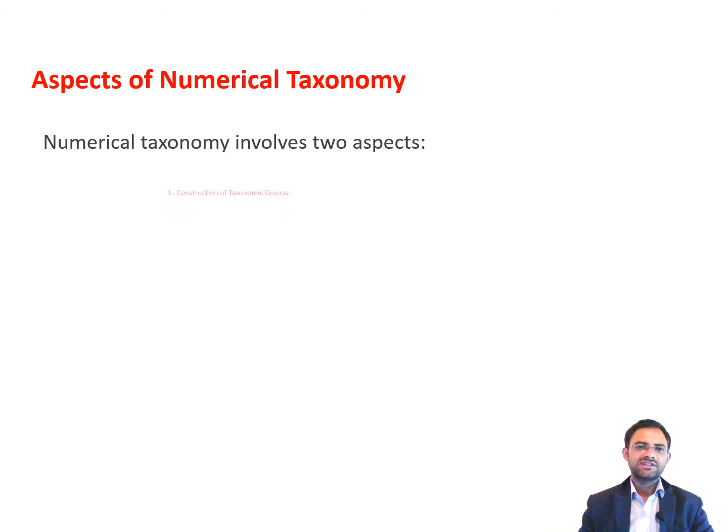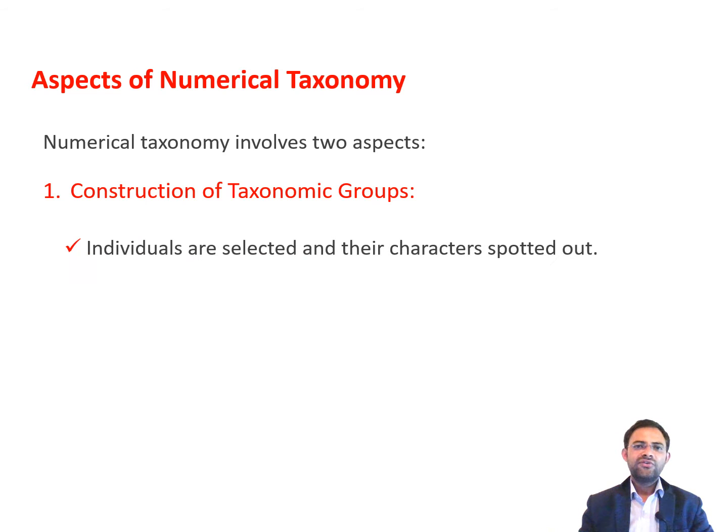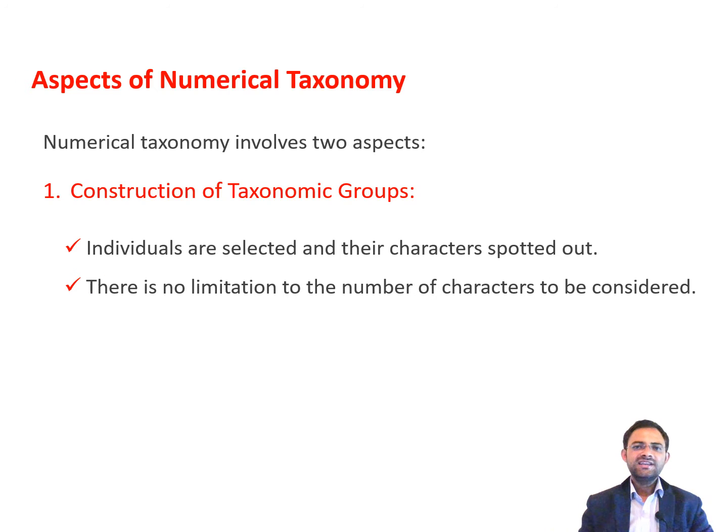The first one is construction of taxonomic groups. In numerical taxonomy, first, individuals are selected and their characters spotted out. There is no limitation to the number of characters to be considered. However, the larger the number of characters, the better is the approach for the generalization of the taxa.